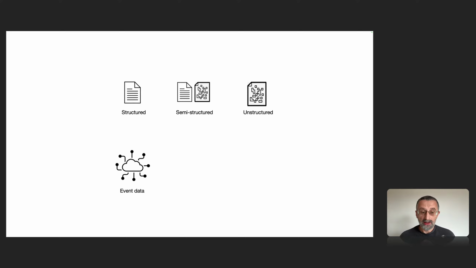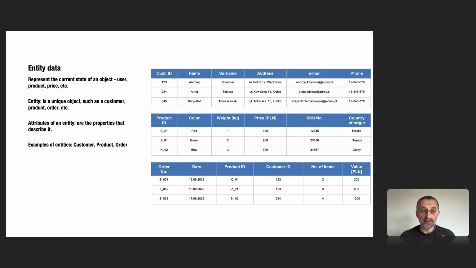And the second one will help us distinguish between the event data, entity data, and external data. Being aware of those distinctions will help you design the architecture of IT or machine learning systems in the future, because each of them requires a different technology stack. So let's go into some examples.